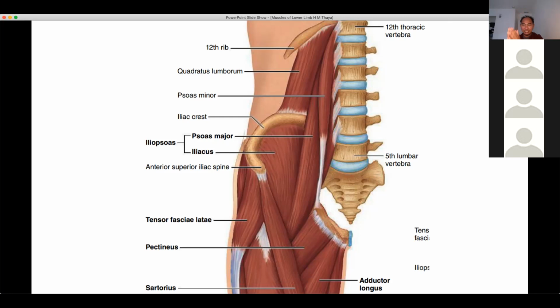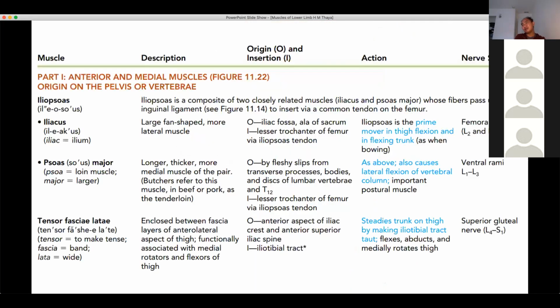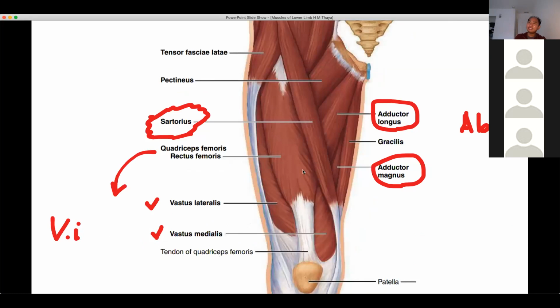And that splits the anterior muscle into two groups, medial adductor group and more anterior and lateral quadriceps femoris group. So let's go and look at this muscle here. This is the sartorius muscle, which splits the anterior aspect of the thigh into more anterior and lateral group of muscles and more medial group, which are filled with the adductors, adductor longus, adductor magnus, and the most medial muscle is called gracilis.